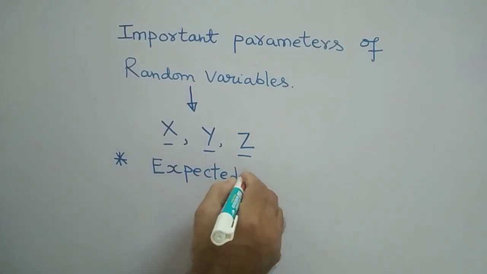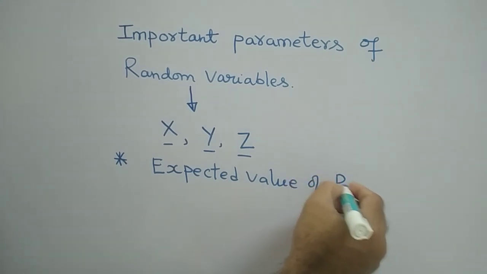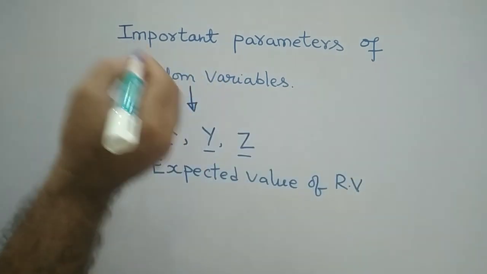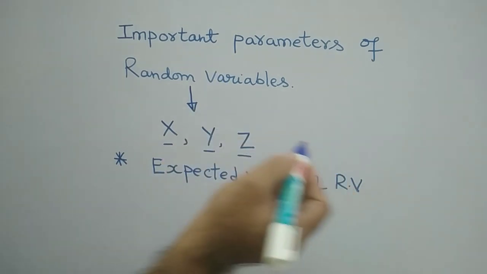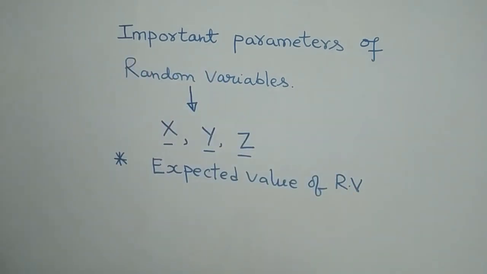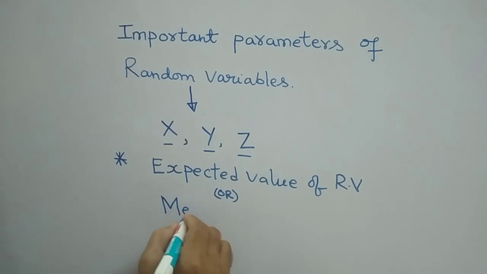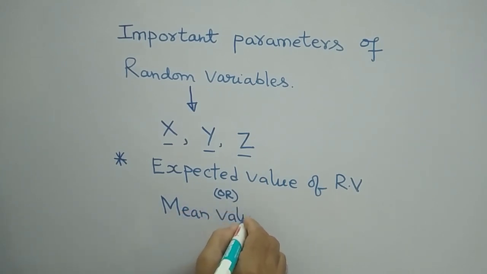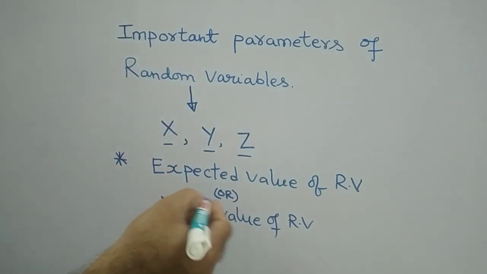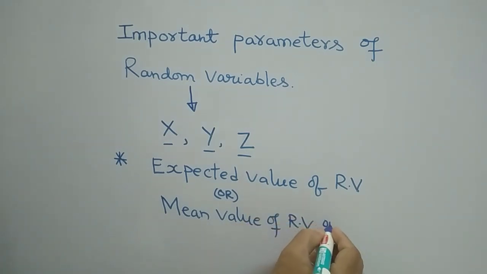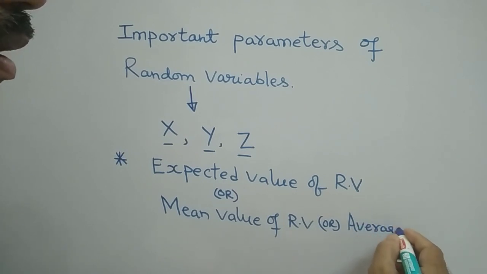Expected value of a random variable, which I can simply write as RV instead of writing random variable in full. So the expected value of a random variable can also be called the mean value, the mean value of the random variable, or otherwise it can also be called the average value.